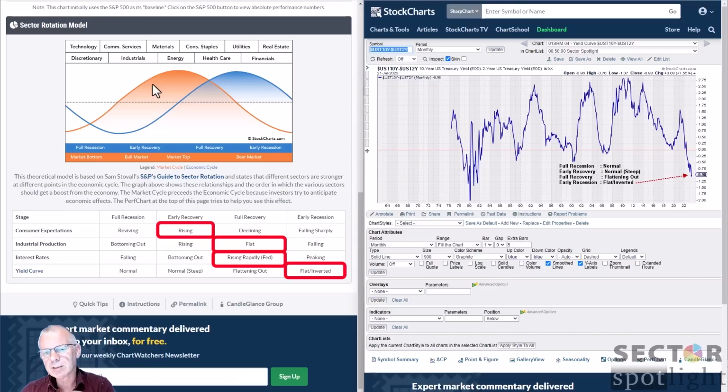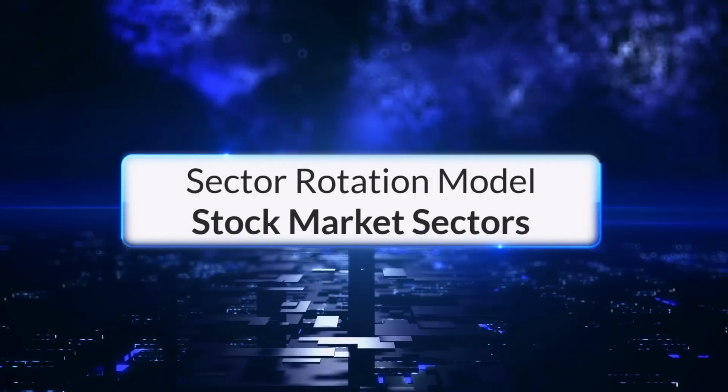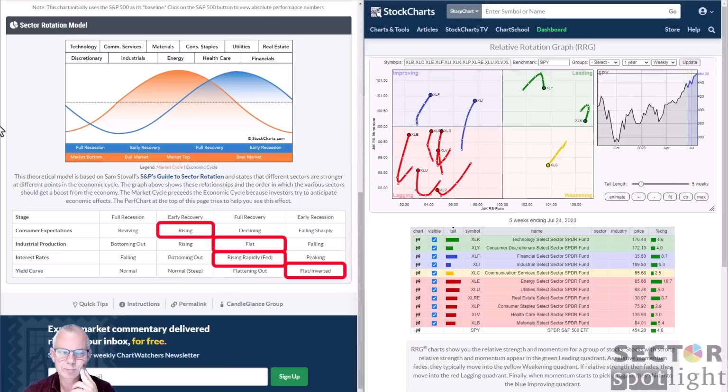So let's start and take a look at the rotation and the movement of the actual sectors and see if we can put that in alignment with the sector rotation model. Now let's move over to an assessment of the rotation of the various sectors and see how and if we can align them on the sector rotation model.